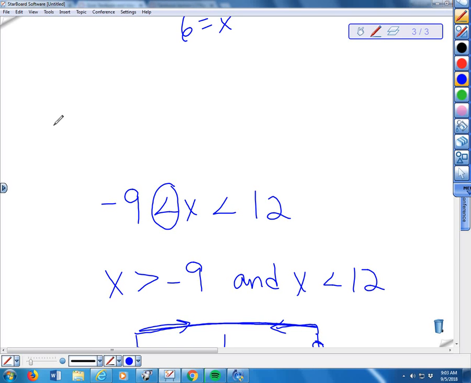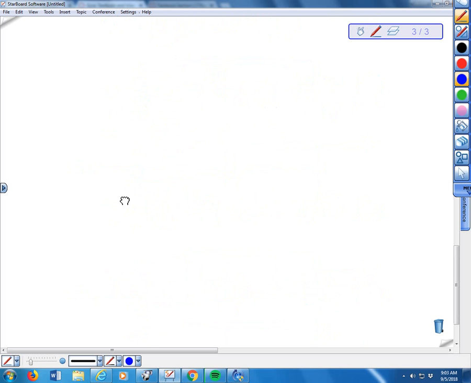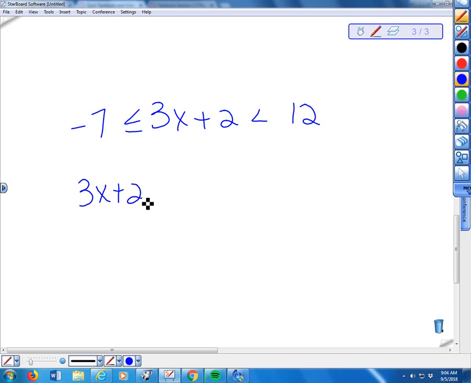When you're solving problems that are compound, you can do them all at one time, or you can do them with two different equations if you get confused. So I could rewrite this like this.